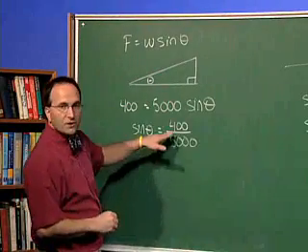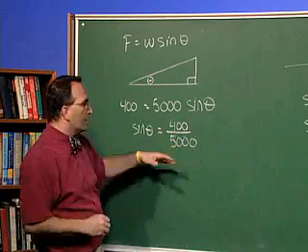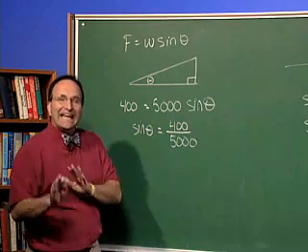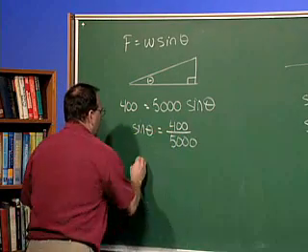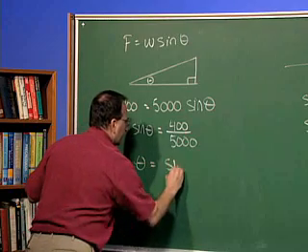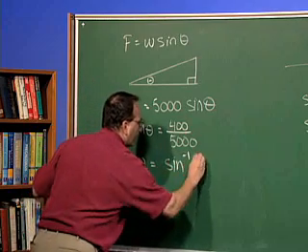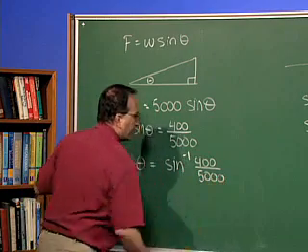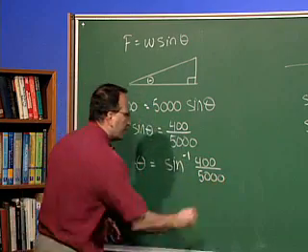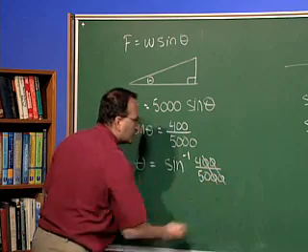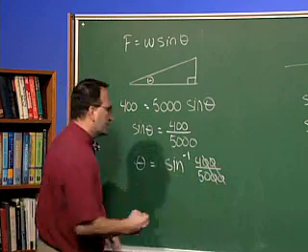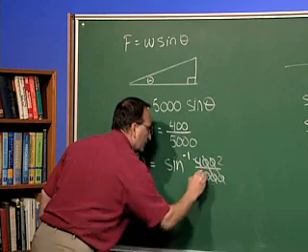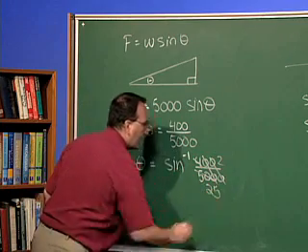Then what we do is use the calculator by plugging in the inverse of the sine for 400 over 5,000. Of course, to make it a little bit easier, we can reduce this down, and it reduces down all the way to 2 over 25.